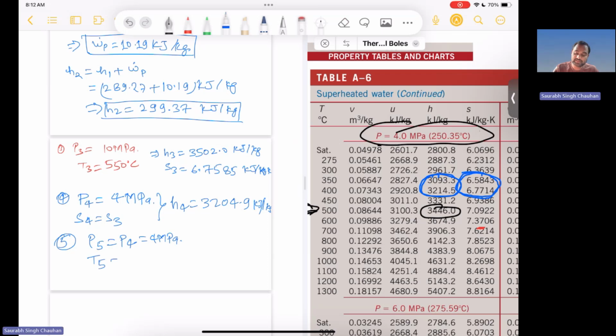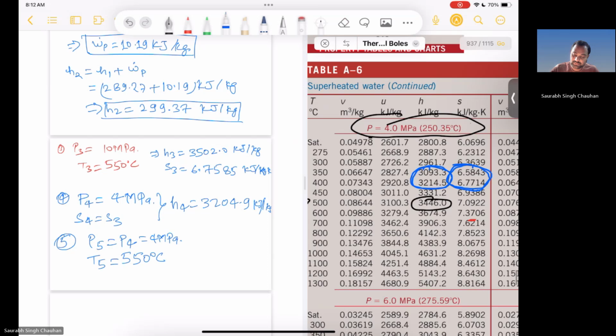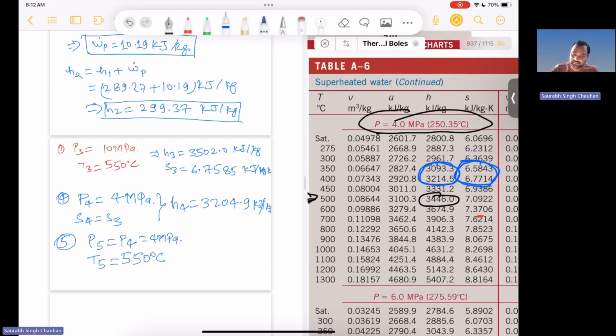And the temperature is given to be 550 degrees Celsius in the question. So again, you will have to use the same table with this pressure, somewhere between these values.